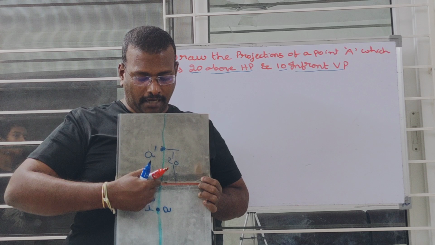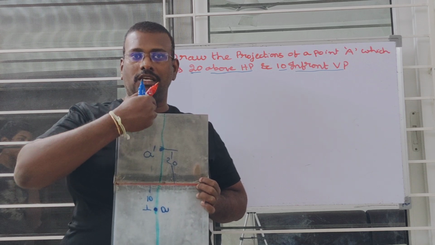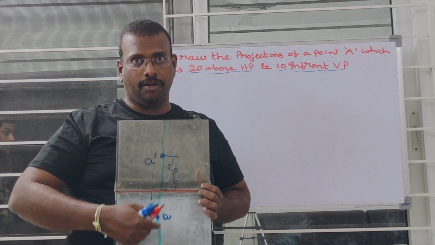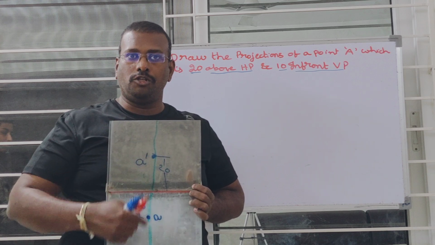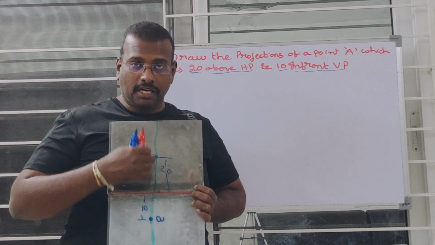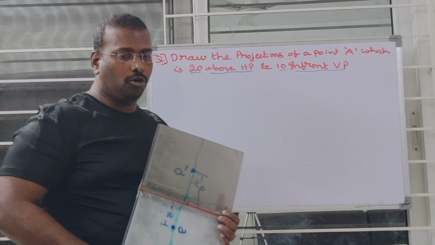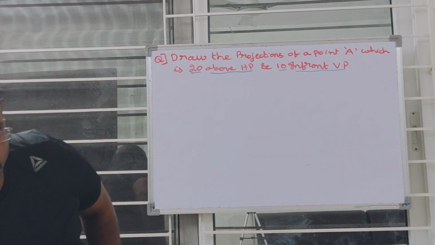This vertical line in the front view is the projector for the top view. These two projectors, front view projector and top view projector, will coincide with each other, and this is perpendicular to the XY line. This is most important, my dear friends, that you have to remember.